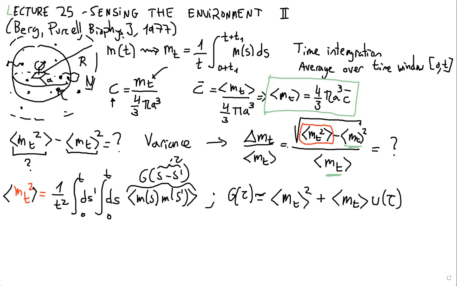U of tau was the quantity we were interested in computing, and this quantity was the probability that a molecule initially sampled with uniform distribution in this sphere, that is inside the volume at time t, and it diffuses, whatever, and it is also inside the volume at time t plus tau. We can also maybe call it a survival probability, in a way.